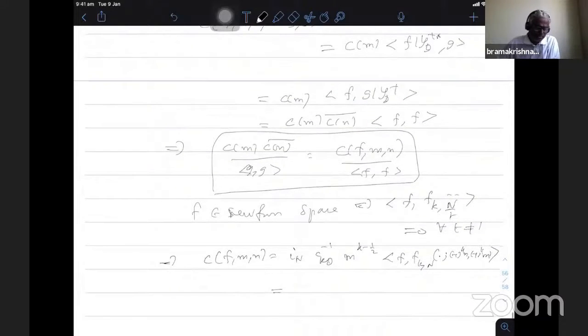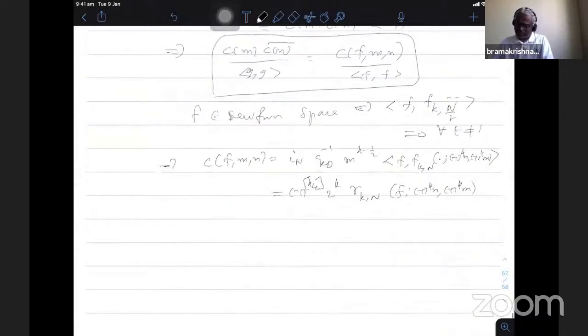After simplification, when I substitute for c k d, the inner product I take in terms of the r function. Finally, it becomes minus 1 power k by 2 power k r k n f minus 1 4 k n minus 1 4 k n. That's what we want to show. So this C f m n is exactly this one.